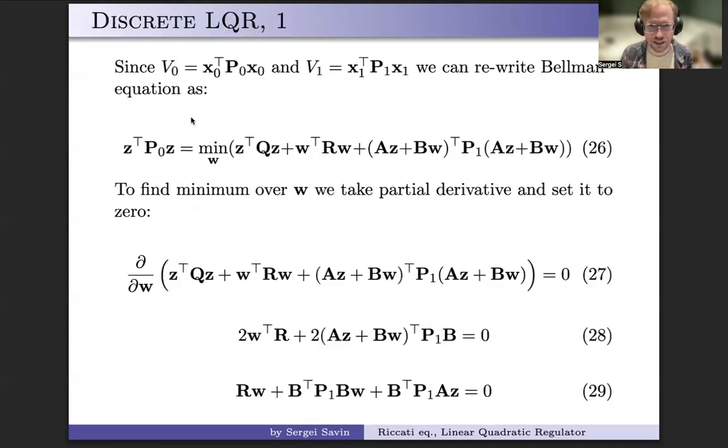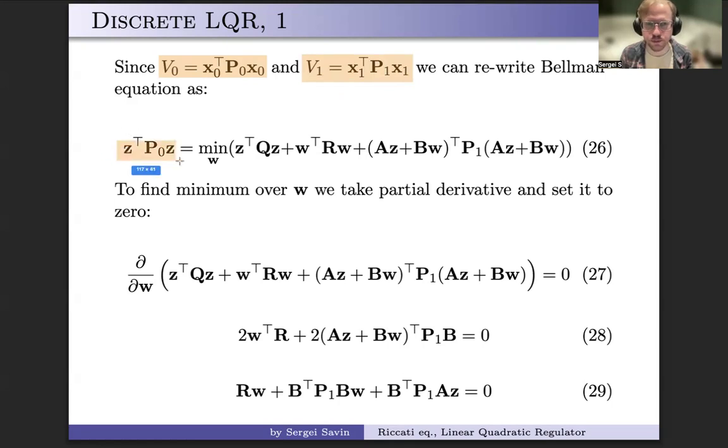Now with that, we can now try to apply it. I think it will become much more clear when we put it to use. So our cost to go at the moment 0 looks like this. Cost to go at the moment 1 looks like this, right?